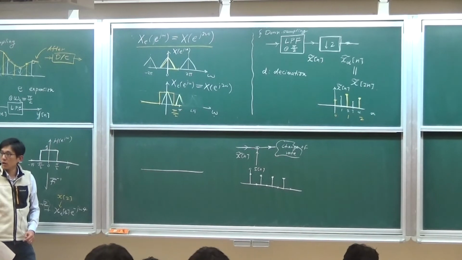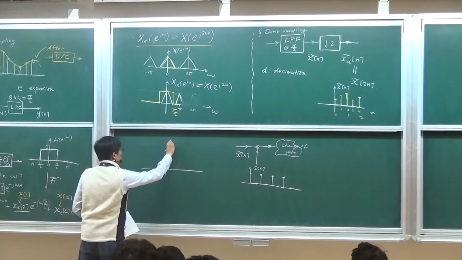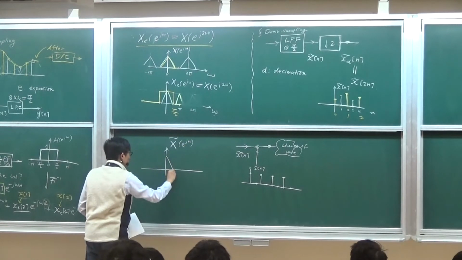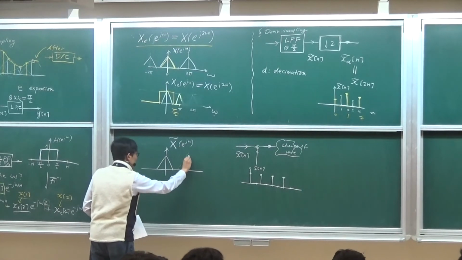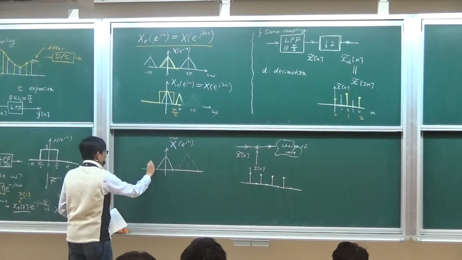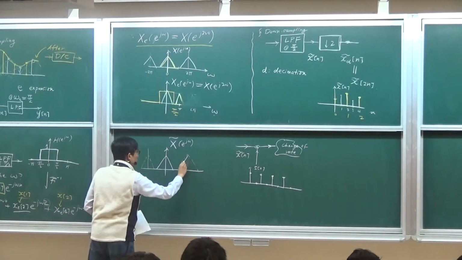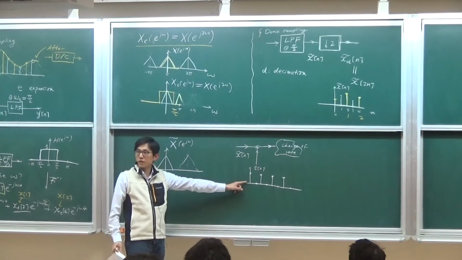So if the original spectrum looks like this, it is periodic for sure because we are already in discrete time. But if this is our spectrum, and we are going to multiply it with this selection function.